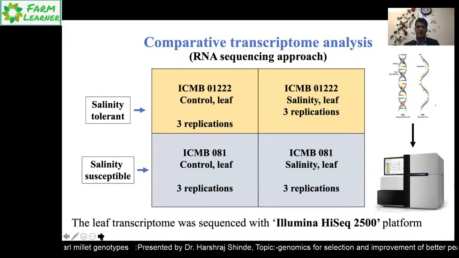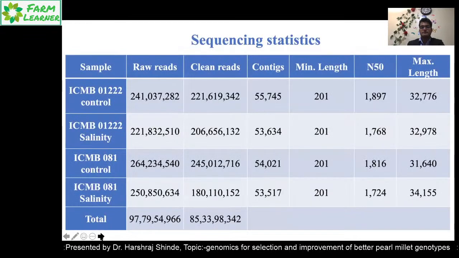We selected leaf samples from both control and salinity stress plants and sequenced them using the Illumina HiSeq platform. After sequencing, we got raw reads, and then we filtered the raw reads into clean reads. We then assembled them into contigs to find out the genes.